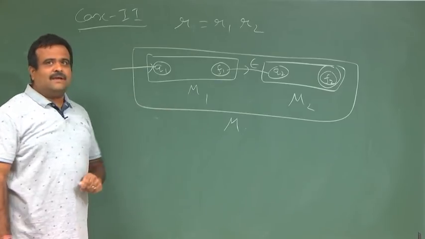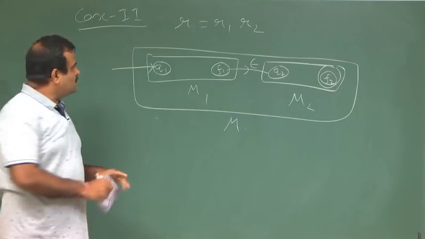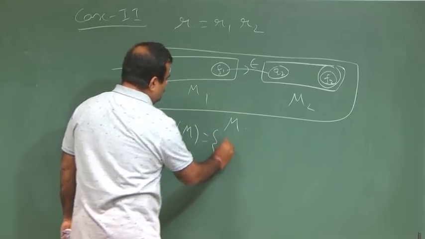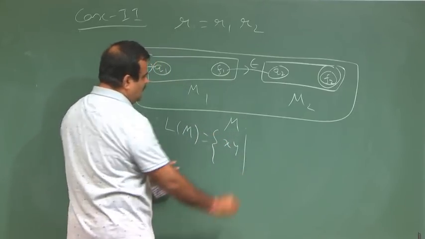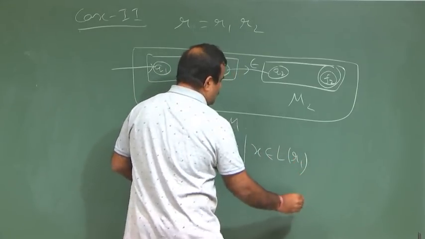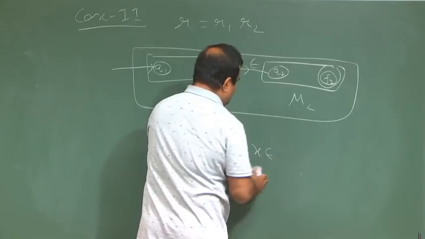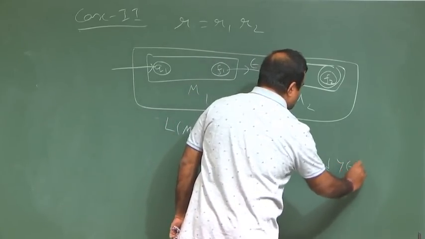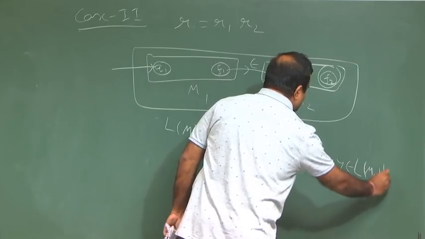So, what is the language corresponding to M? L of this is nothing but x y such that x is in L of M1 and y is in L of M2.